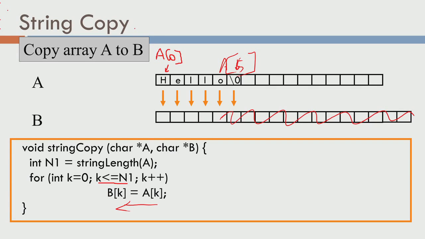If you write this program, you will try and copy H to this location, E to this location, L to this location and L to this location, and you do not have any more space. So, go and think about what would happen if B does not have enough space for all the valid characters in A. This is going to be a problem, and clearly we need \0 to terminate. You do not even have space for other valid characters. Sometimes you may end up with a case where there is no space just for the \0. These are some corner cases that you have to think about.